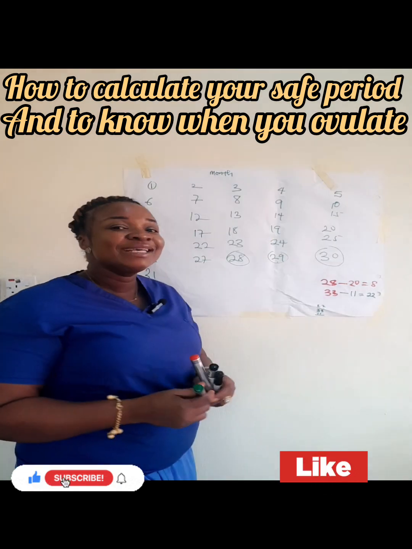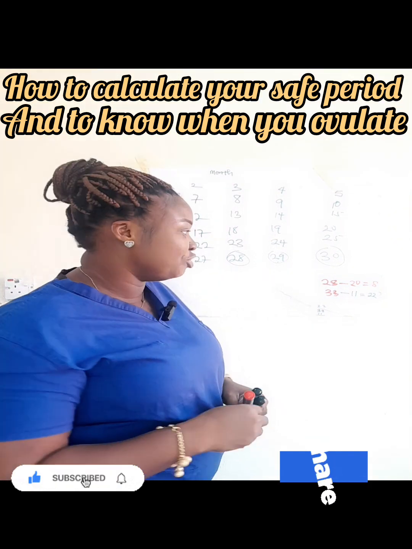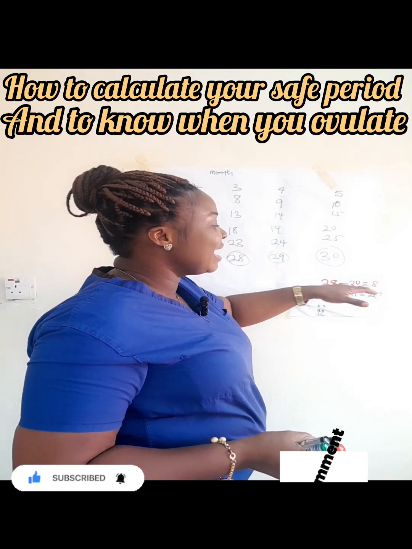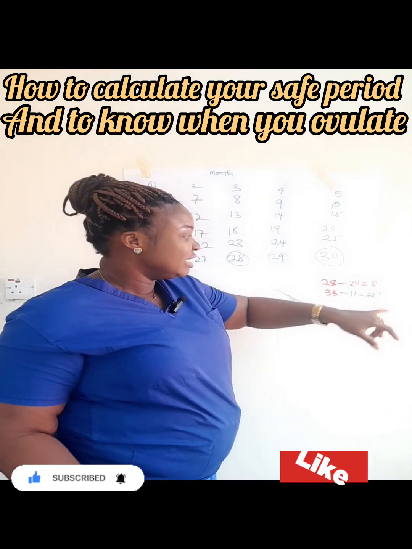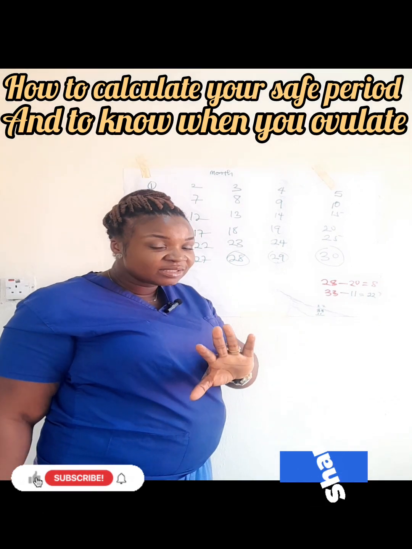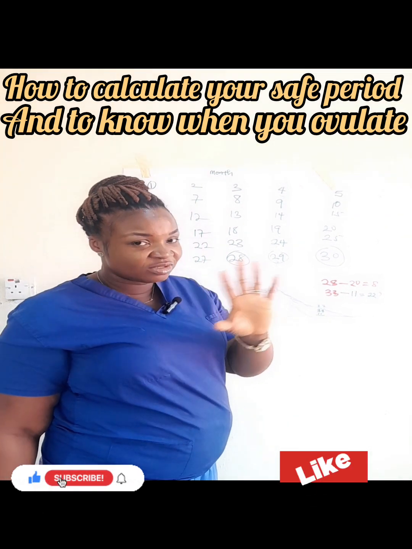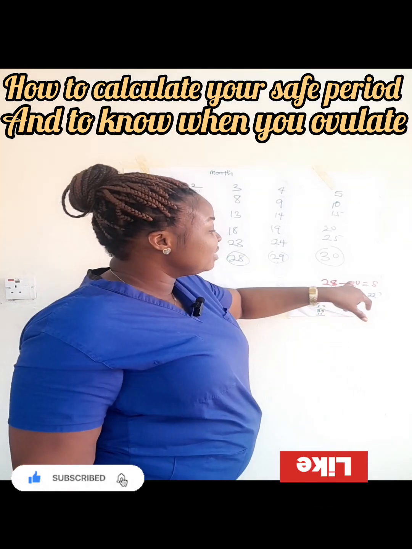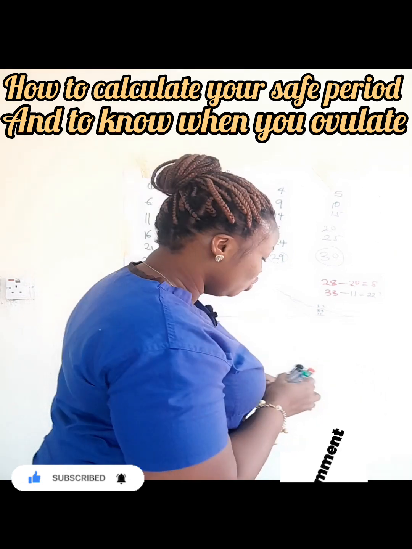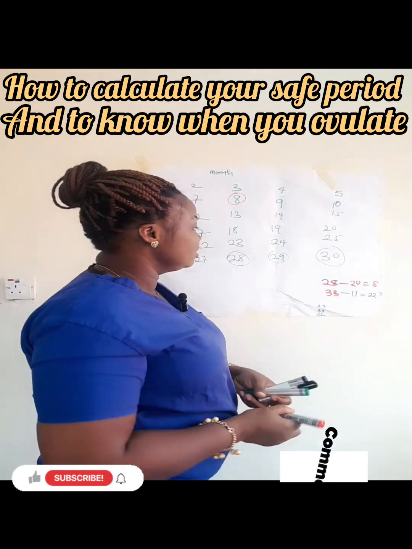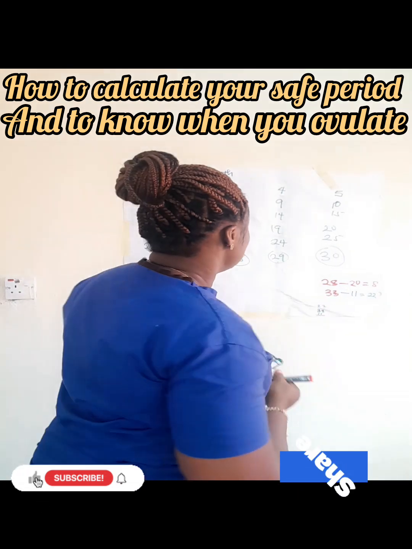Now, see how to find out your safe period. The beginning of the time that you are not safe is 8. Use this if your menses is not always coming at the same time. So 28 minus 20 gave us 8. Now 33 minus 11 gave us 22.